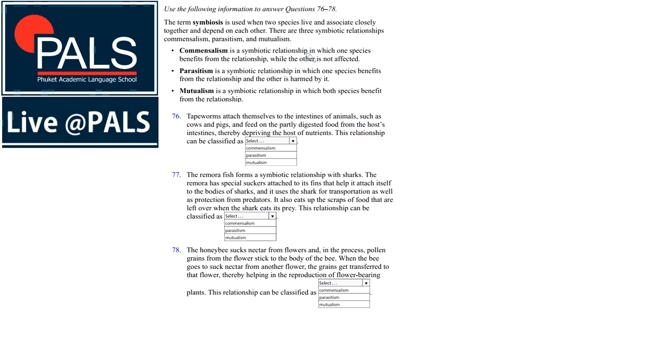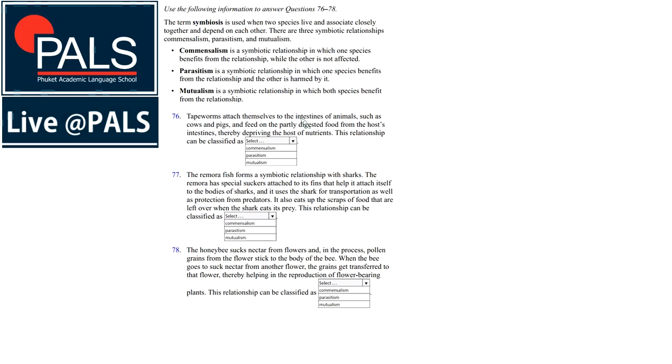Commensalism is a symbiotic relationship in which one species benefits from the relationship while the other is not affected. Parasitism is one where one species benefits from the relationship and the other is harmed. And mutualism, there both species benefit from the relationship. So we have three examples and we have to classify them as one of these three forms of symbiosis.